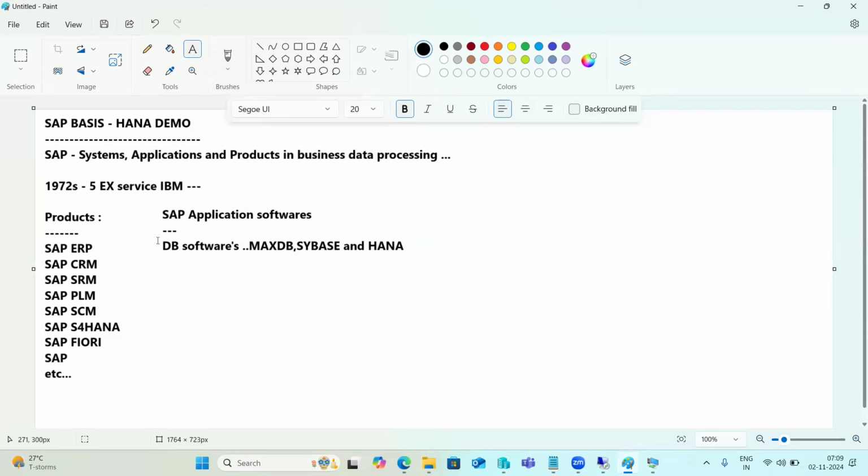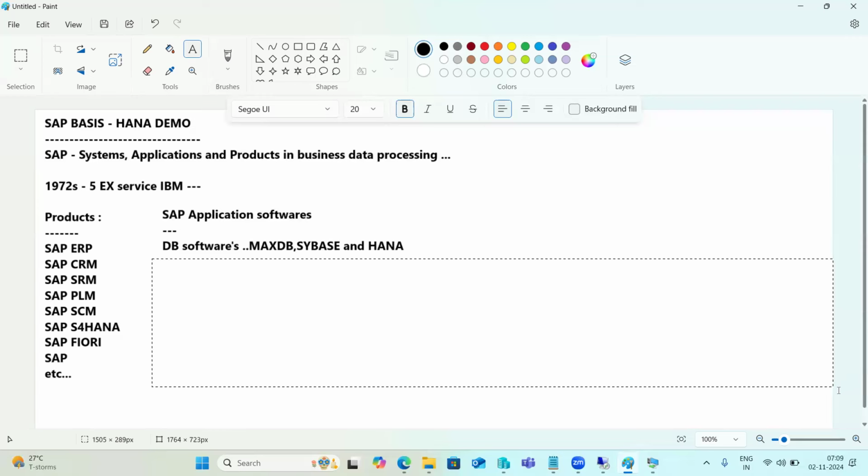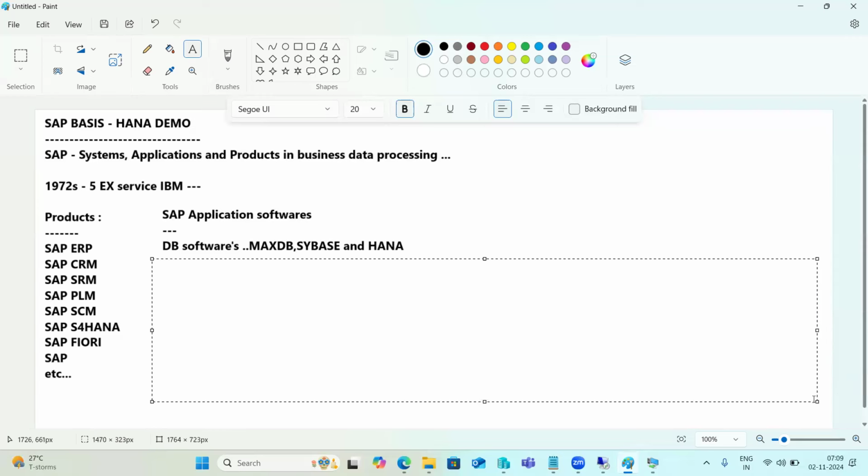But the core is the core. Basis is the core, and the core skills are definitely required here. There is SAP SE, the German-based software company.